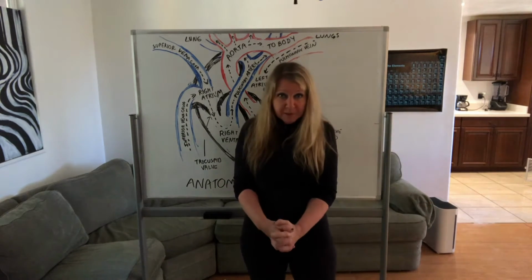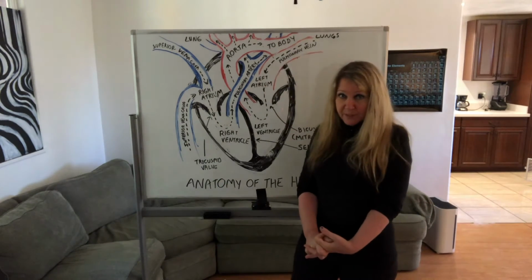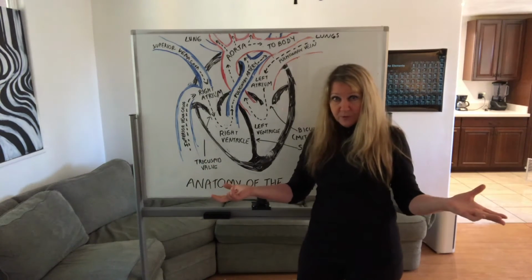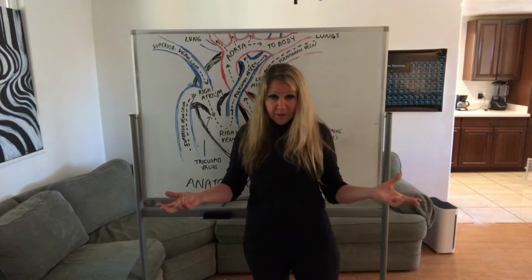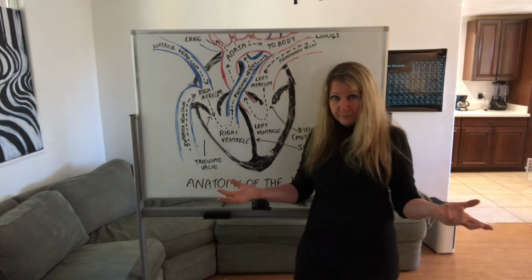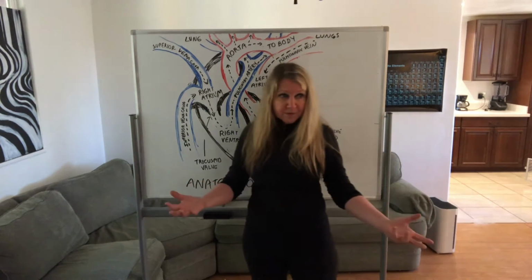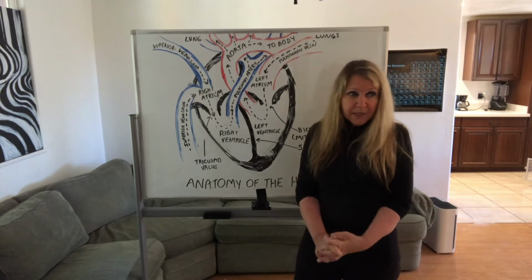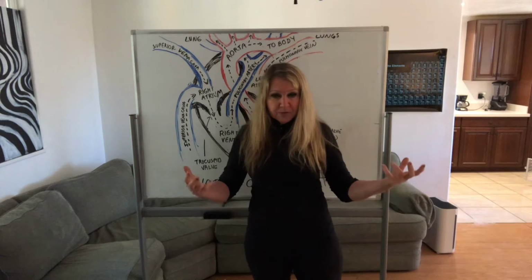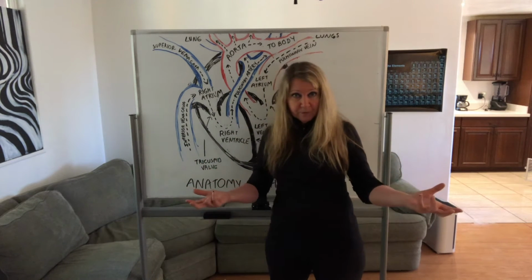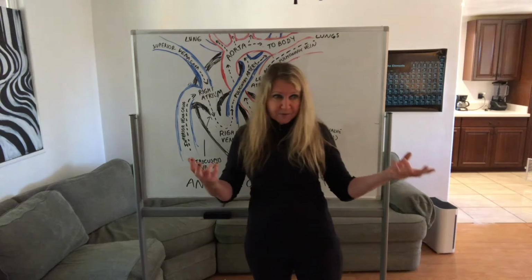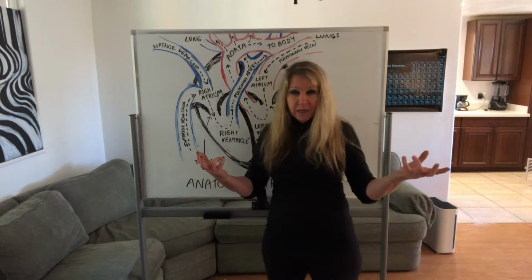Then we have white blood cells, and there are different types of white blood cells. Leukocytes and lymphocytes, two main types, and they are really involved in your immune system. So protection from disease, involved in creating antibodies, and just to help protect you from diseases or anything that would cause disease, and that is called a pathogen.